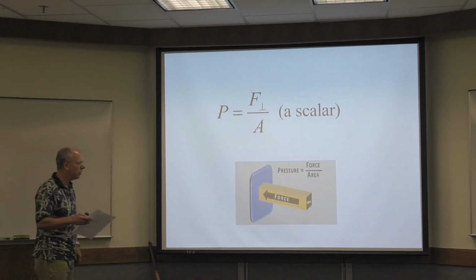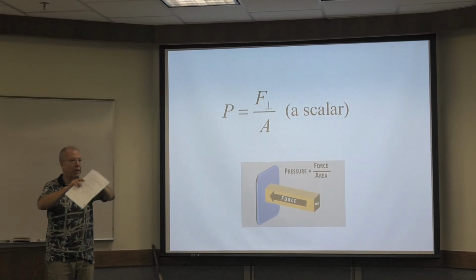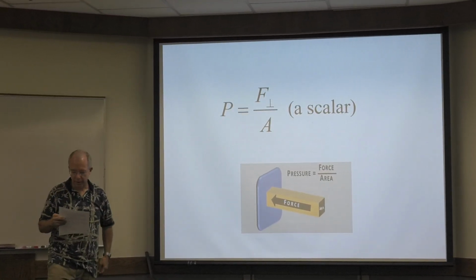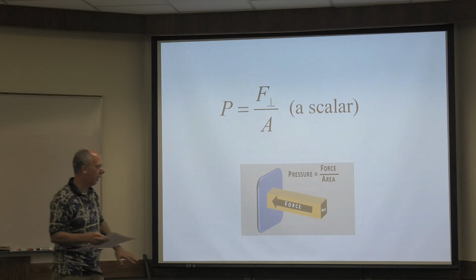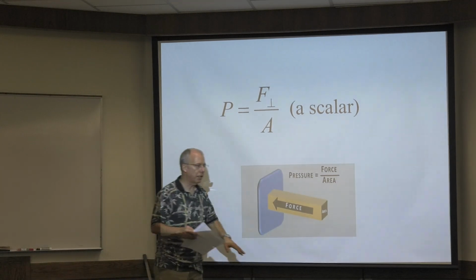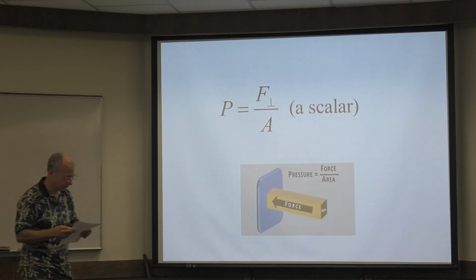So pressure exists within the fluid, okay? Everywhere within the fluid there's pressure. So you can think of pressure against a surface, then you can think of pressure everywhere within the fluid itself.